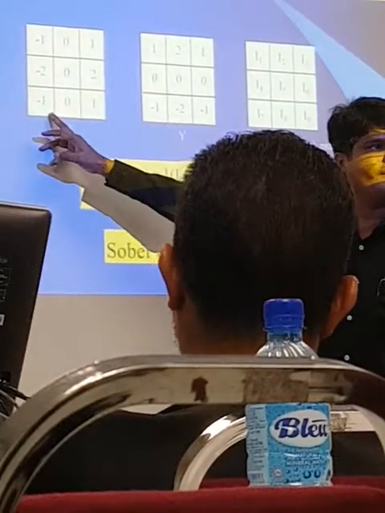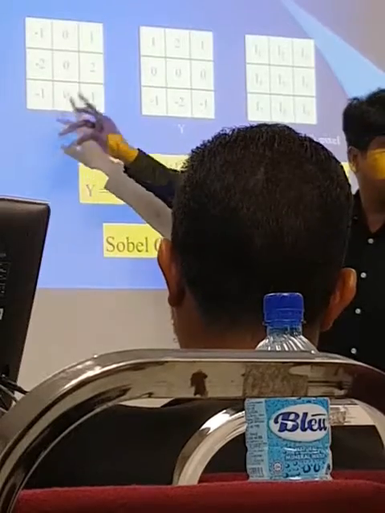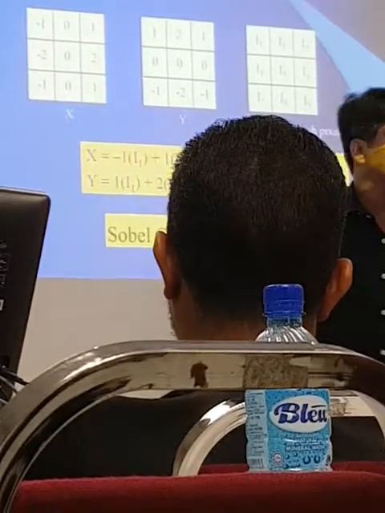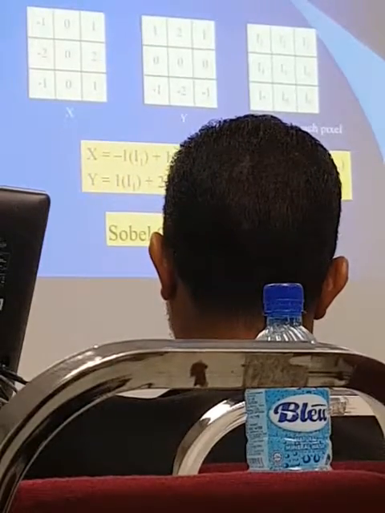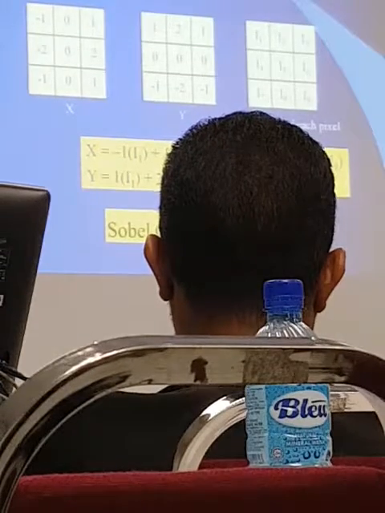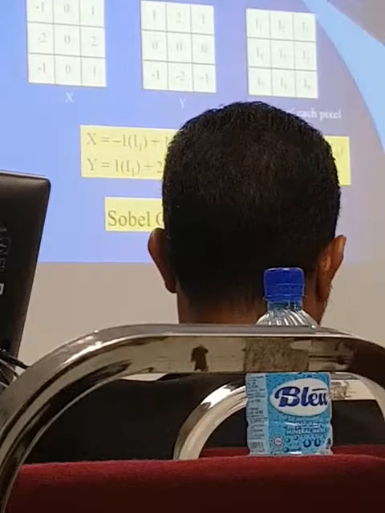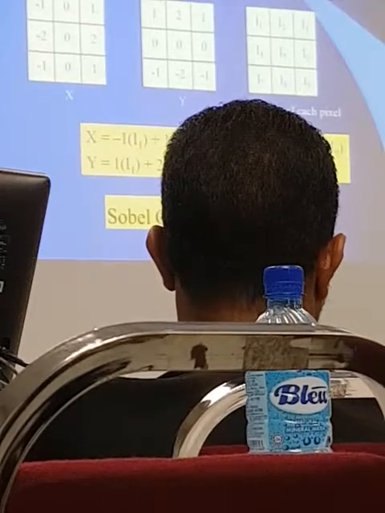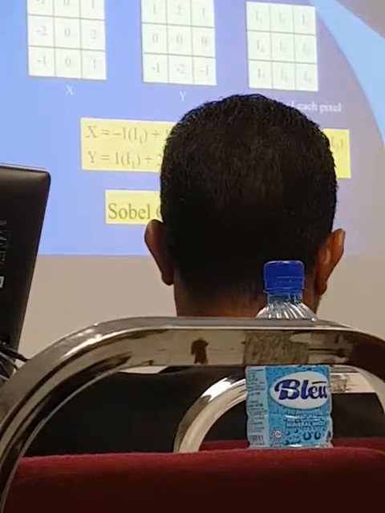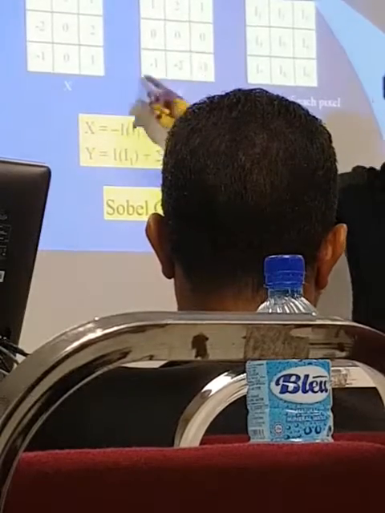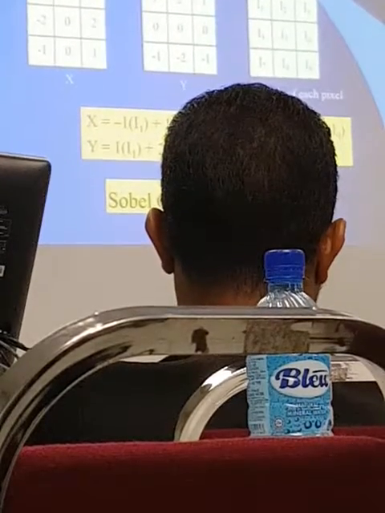Then you have -1 I7. Then you have -1 I9. You get your equation, right? You don't have to think so much. Okay? The same thing you apply here because it's a gradient filter, correct? Same thing: this one and this one, you get your equation.